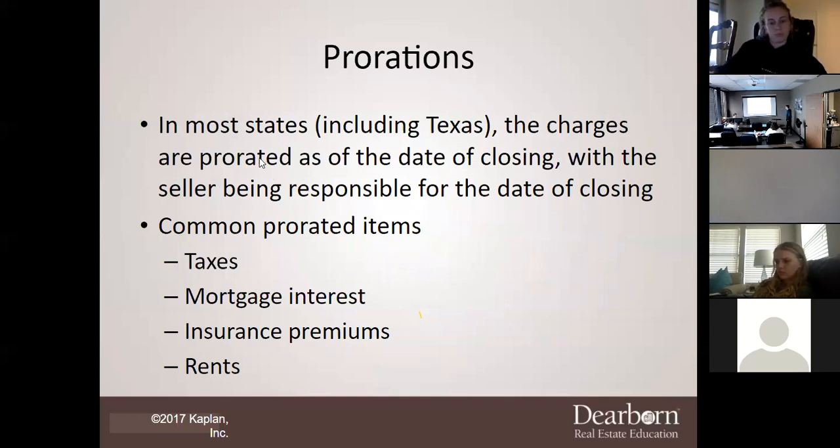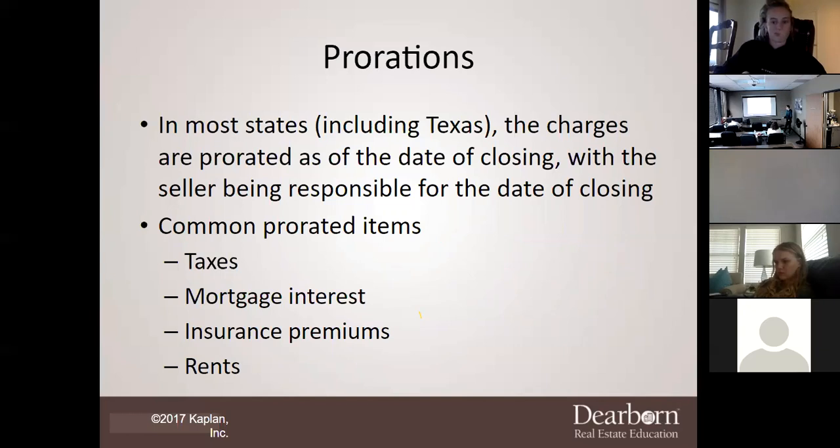In most states, including Texas, the charges are prorated as of the date of closing. So you'll get prorations the day that you close, with the seller being responsible for the date of closing.